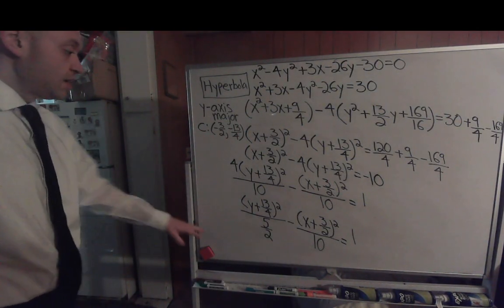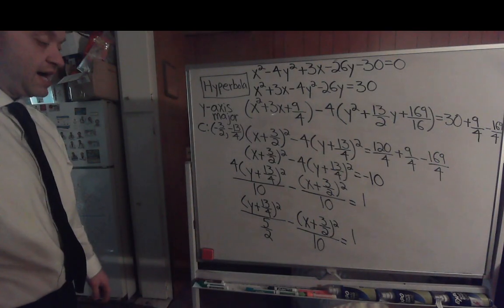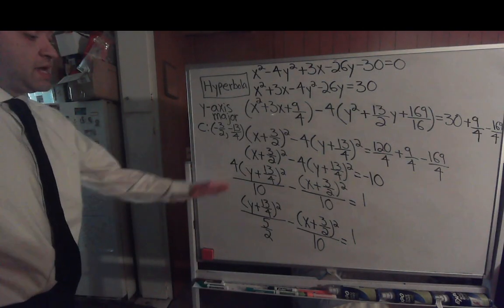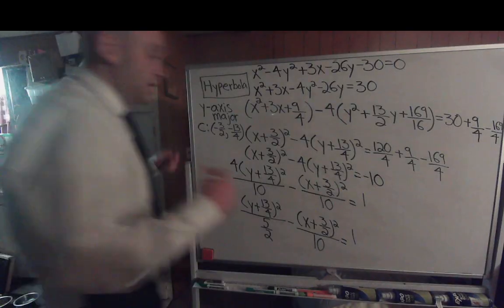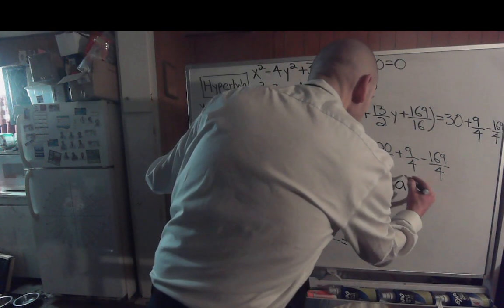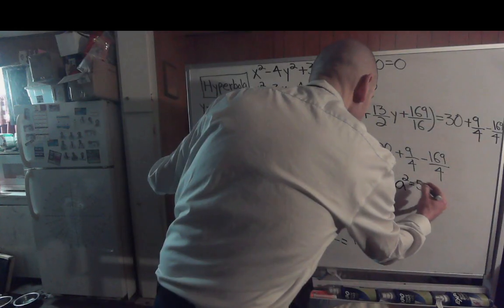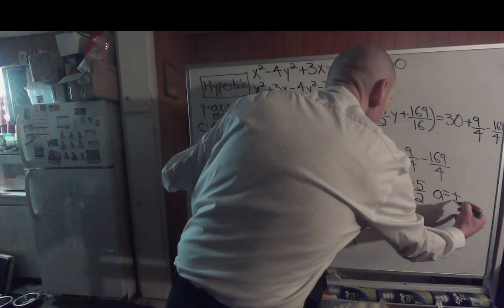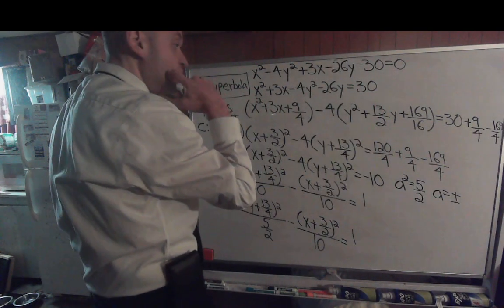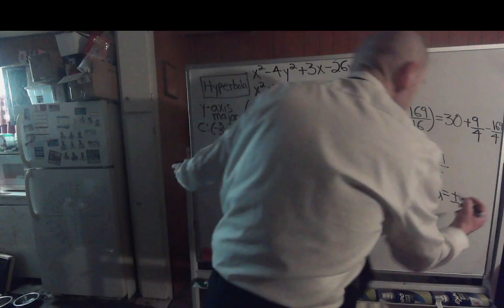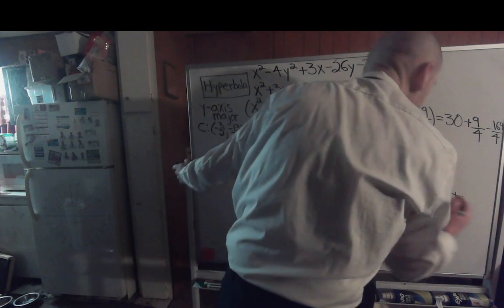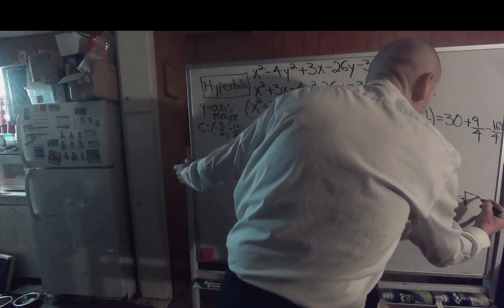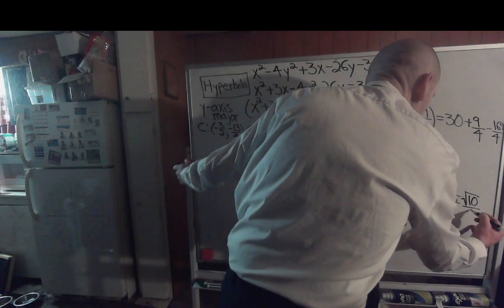Now, the y-axis is the major axis, so that means your a squared equals 5/2, which means your a equals plus and minus the square root of 5 over 2, which is the same as the square root of 5 over the square root of 2, which is the same as plus and minus the square root of 10 over 2.